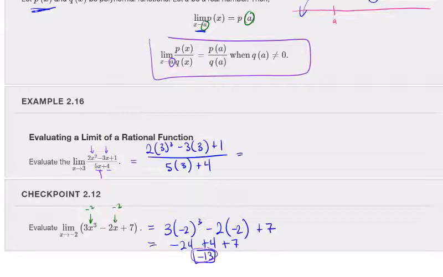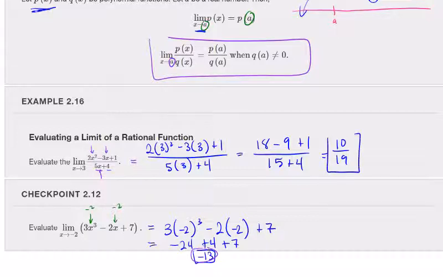Now we can do order of operations. 3 squared is 9, times 2 is 18, negative 3 times 3 is negative 9, plus 1. On the bottom we have 15 plus 4. 18 minus 9 is 9, plus 1 is 10. 15 plus 4 is 19. That cannot be reduced, so that'll be our final answer.